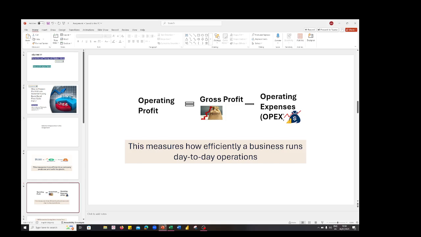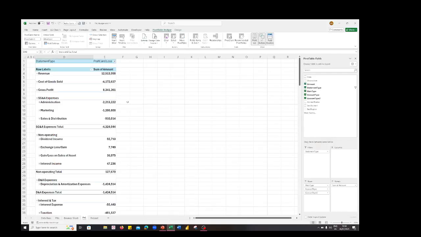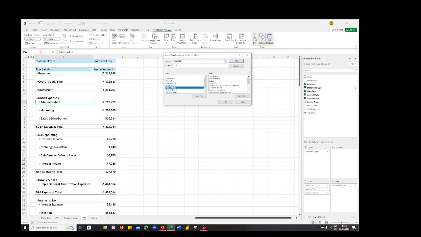And that is why in calculating your operating profit, so your operating profit is what? These are our operating expenses, so our operating expenses is SG&A. So what we are going to do now is gross profit minus this total. Let's come here again, click your calculated item, operating profit.